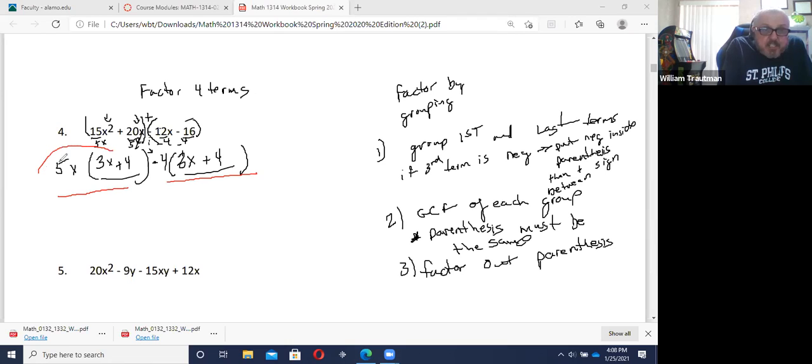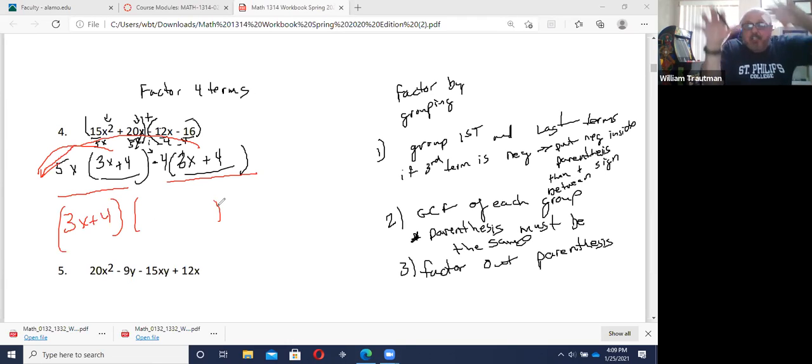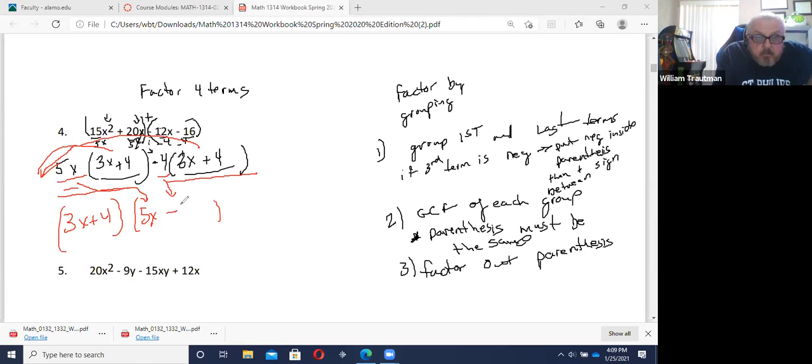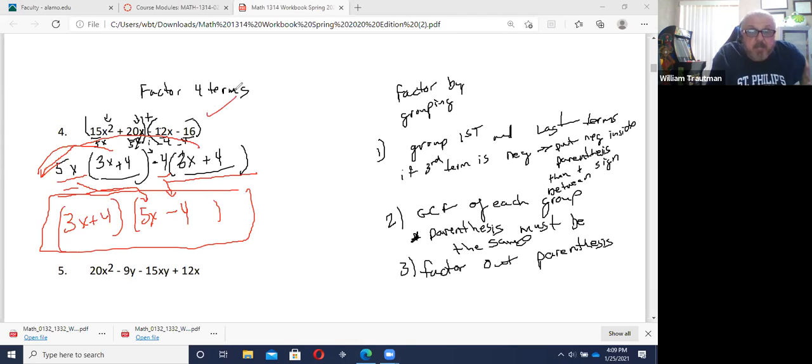I'm going to divide out the parentheses, 3x plus 4. What's left over when you take that 3x plus 4 out is the 5x and the negative 4. And this is our answer. If you distribute this and FOIL it, you're right back where you began. So that's factoring 4 terms, factor by grouping.